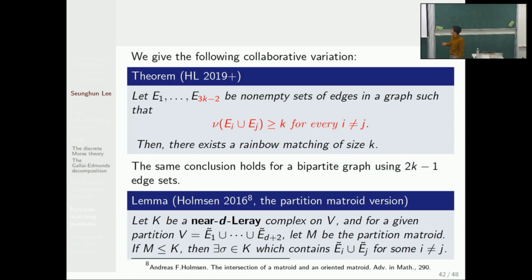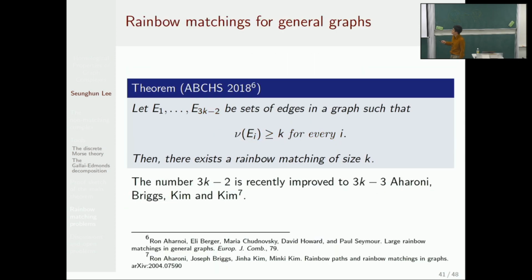The original motivation for finding this collaborative version is this. About 2 years ago, we required a 3k minus 2 edge set, such that if we require this condition for each edge set, not the union edge set, we get the same conclusion of a rainbow matching.